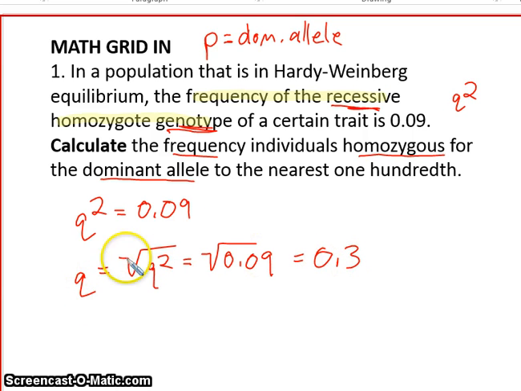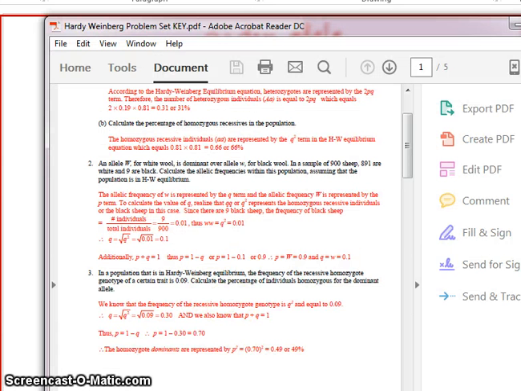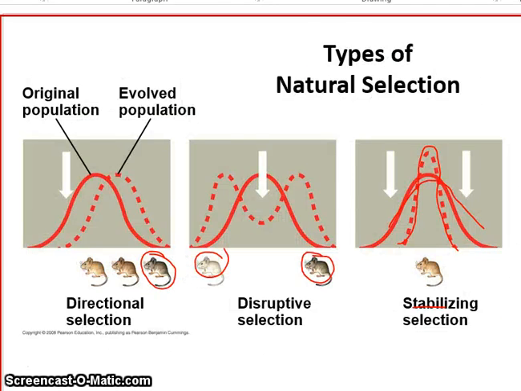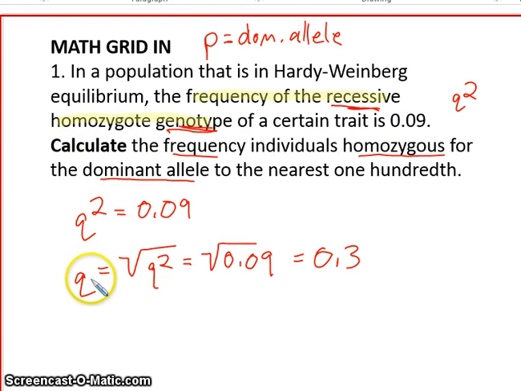Once you solve for Q, everything else is easy because it's really just plug and chug. You have two equations. I refer to this one as the Hardy-Weinberg equation, and this one is the easy-Weinberg equation. I'm trying to solve for P. Since I already have Q, I'm going to use the easy-Weinberg equation, P plus Q equals 1.